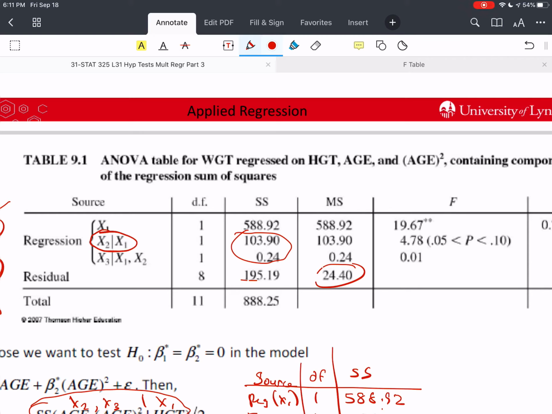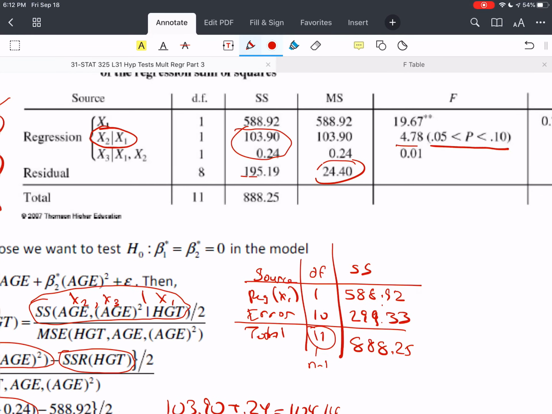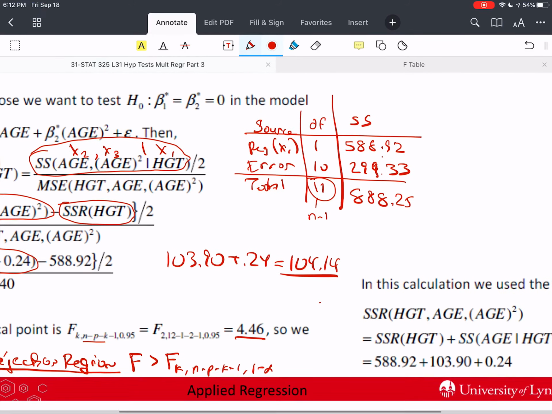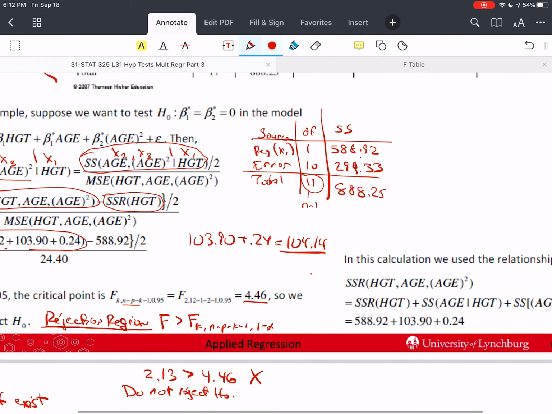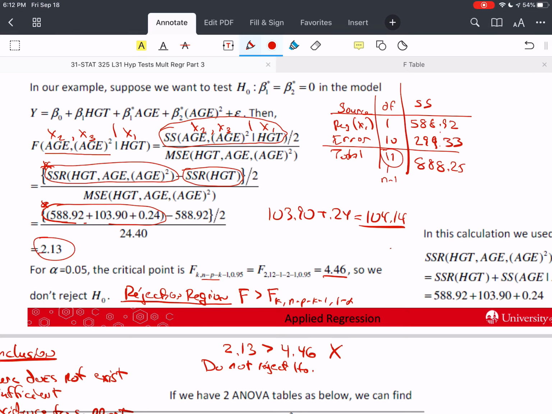Now, if you remember our result here, last time we said that adding X2 to the model, the probability was between 0.05 and 0.10. So really, it was borderline significant, right? And the F value was 4.78. But here, our F value was 2.13 and it was nowhere close to 4.46. Why don't we go to our F table and see if we can find out the p-value, kind of closely, the p-value for adding both of them.